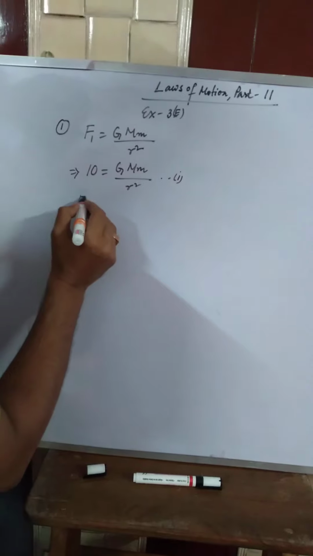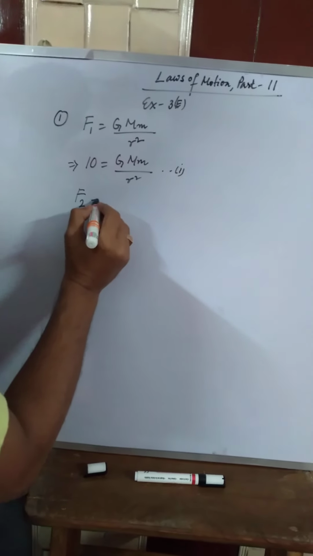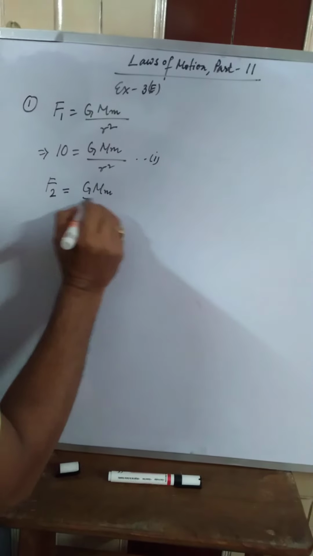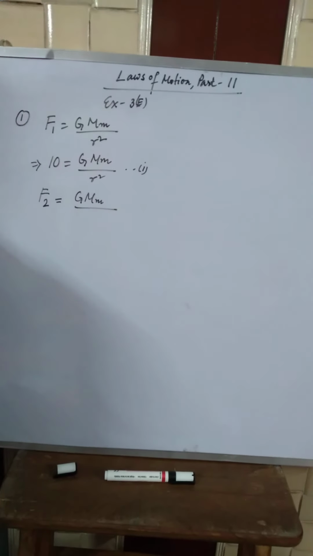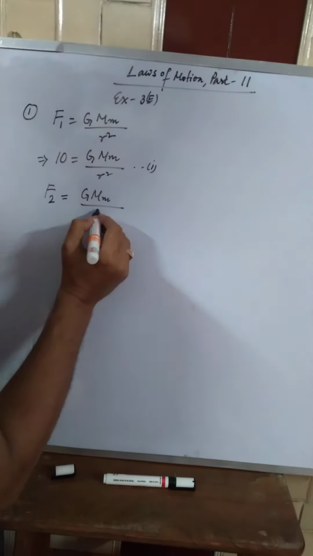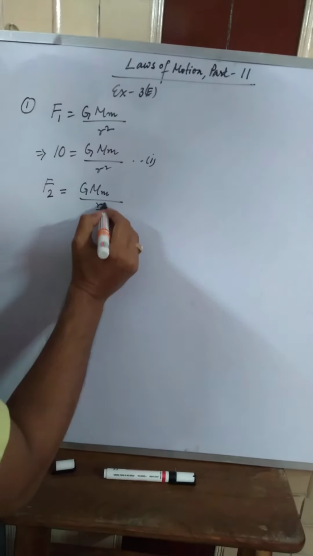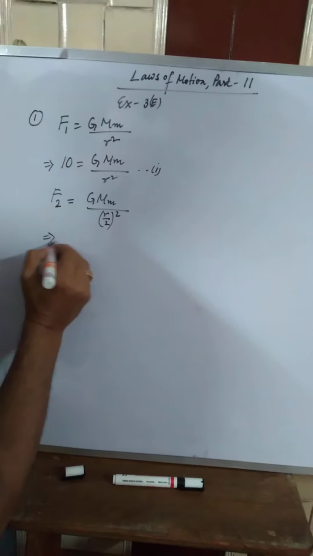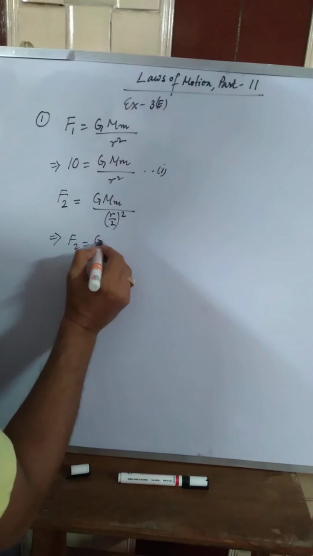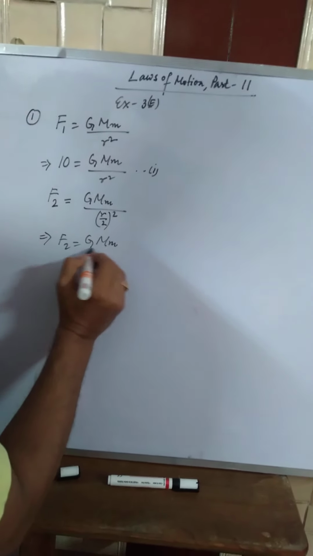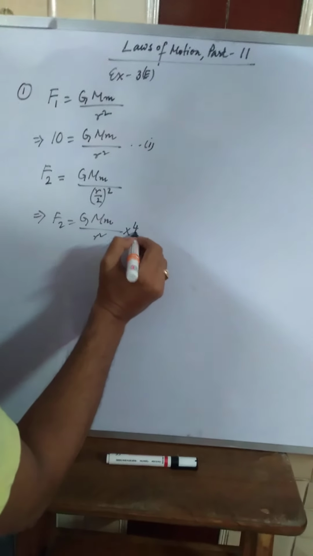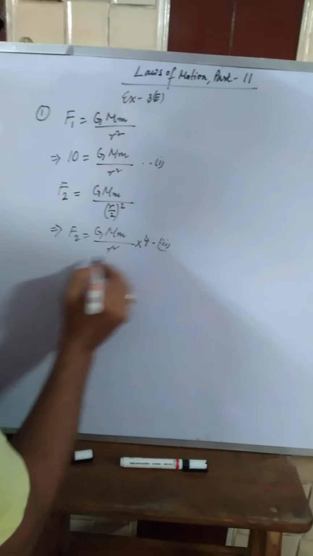Now you have to find the new force of attraction between these two particles when the distance of separation is reduced to half. So R is replaced by R by 2 whole square. So F2 equal to G into capital M into small m by R square, and 2 squared is 4. This is equation 2.